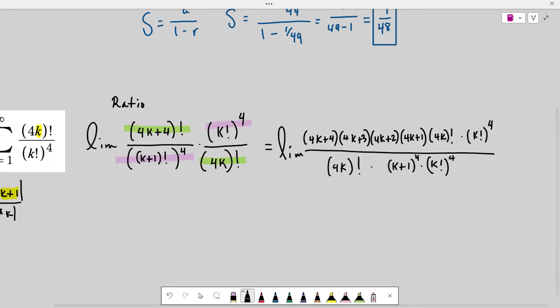And now we've got some cancellation that we can certainly take care of. K factorial to the 4th, k factorial to the 4th, 4k factorial, 4k factorial. So that all cancels.